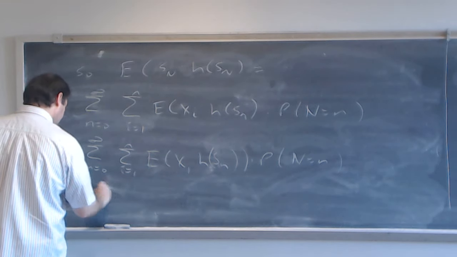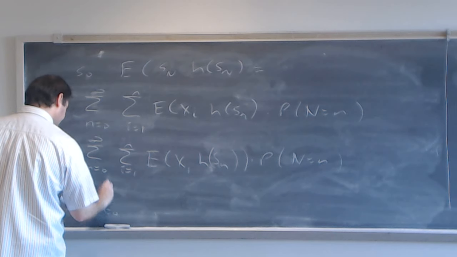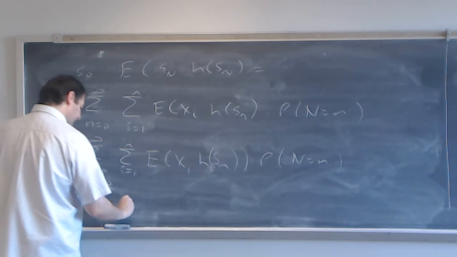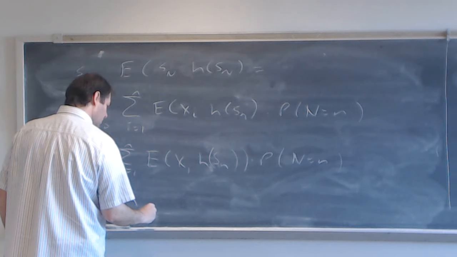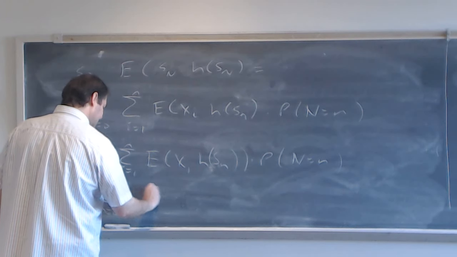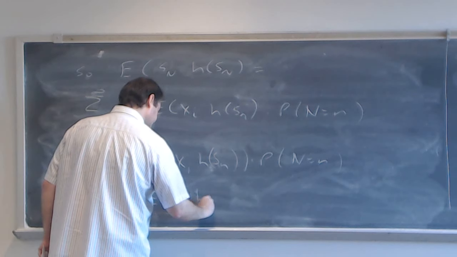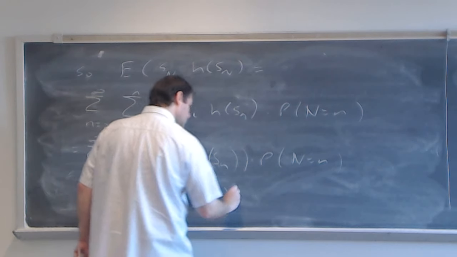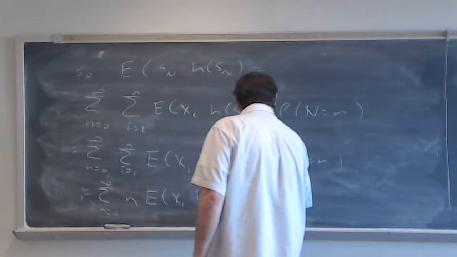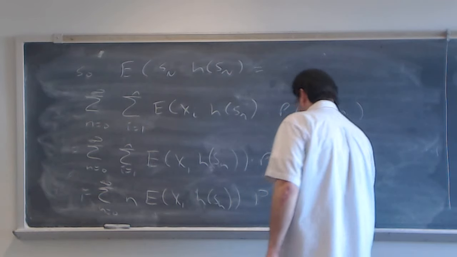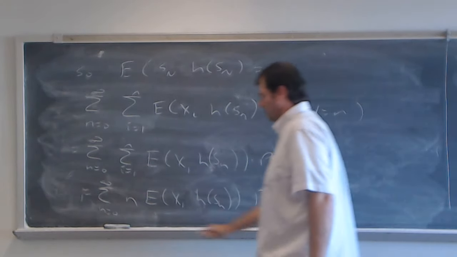And so this is the sum, the outer sum, n runs from 0 to infinity. There will be n of these. So n times the expected value of x of 1 times h of S of n times the probability that N equals n. That's where we are.